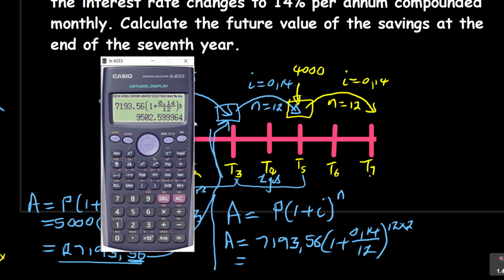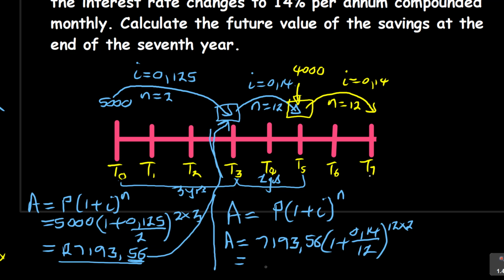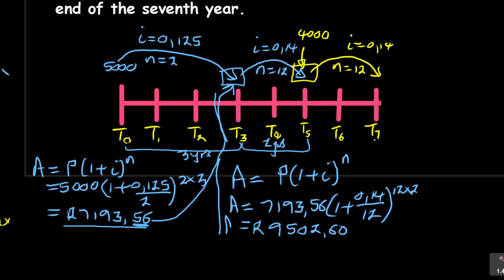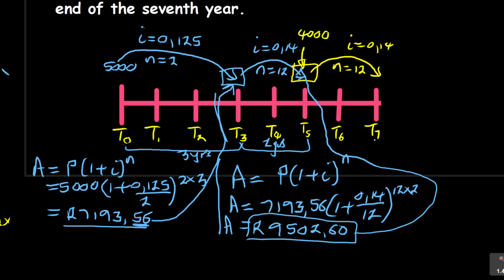The money now in the account after 5 years is 9,502 rand 59.99, which is 9502.60. This is the amount of money that is now in the account. When you go to the account, before he puts in this 4,000, he's going to discover that he has now what?